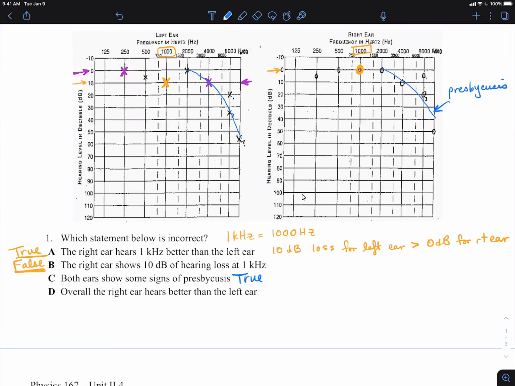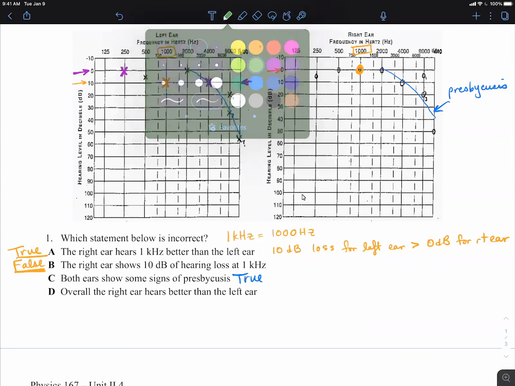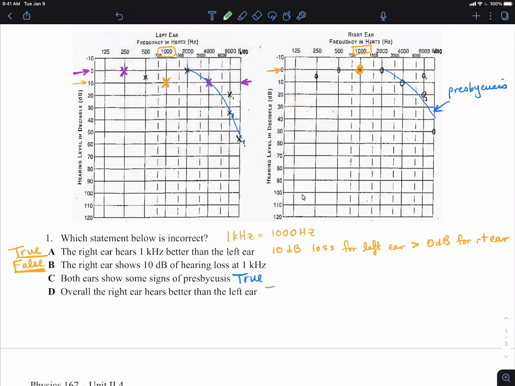Okay. Overall, the right ear hears better than the left ear. That is also true because you can see here on the left ear, some of these are a little bit lower than over here where they're right at the 0 still. The high frequency stuff is very similar, but in that kind of 500 and 1,000 hertz range, the right ear does hear better.